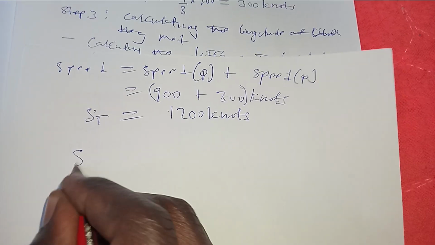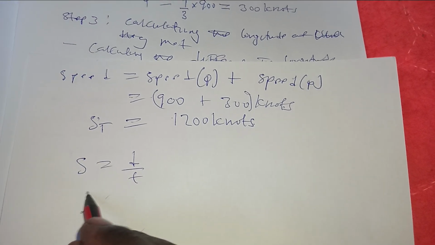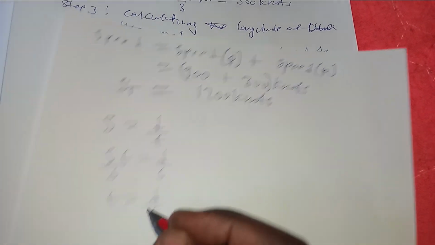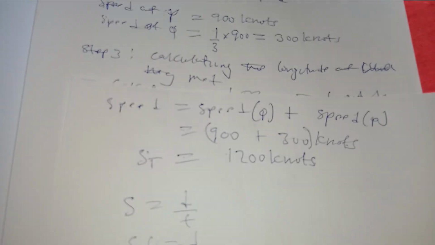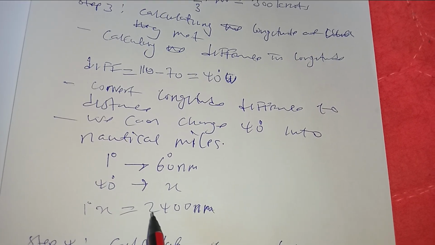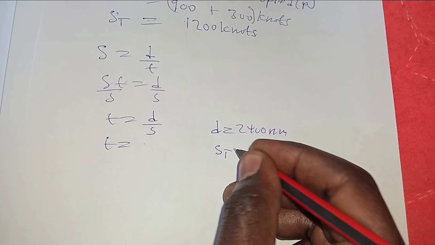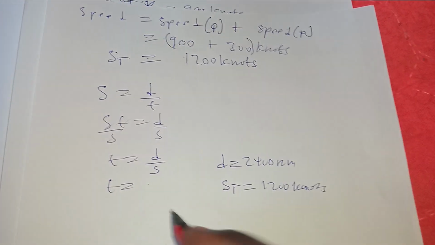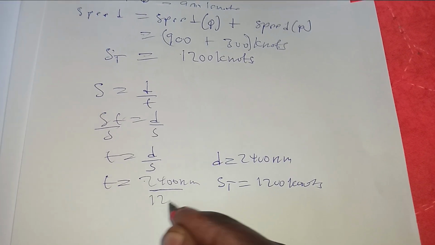Since speed is equal to distance over time, and we want to calculate time, we can cross multiply: ST is equal to D, so divide by S. So time is equal to D over S. The distance D is equal to 2,400 nautical miles, and the total speed is 1,200 knots. So time is equal to 2,400 over 1,200.